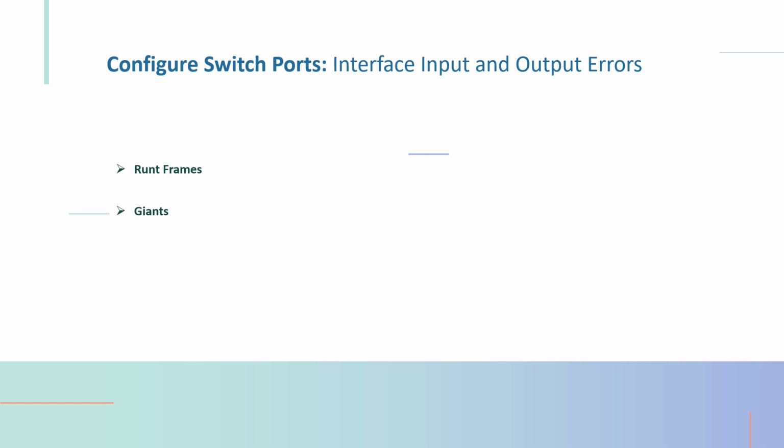We have the cyclic redundancy check errors on Ethernet and serial interfaces. These errors usually indicate a media or cable error. Common causes include electrical interference, loose or damaged connections, or incorrect cabling.